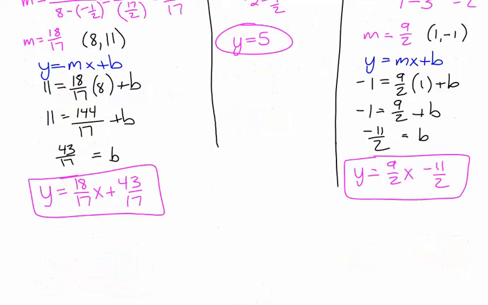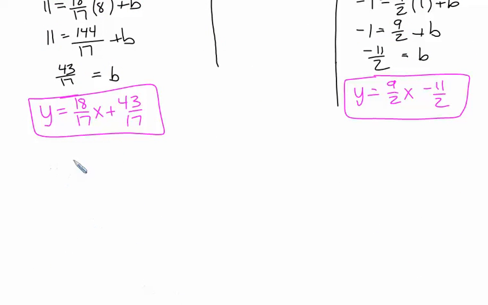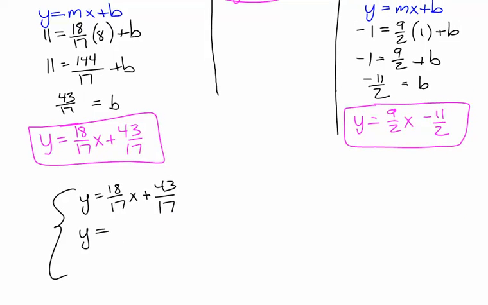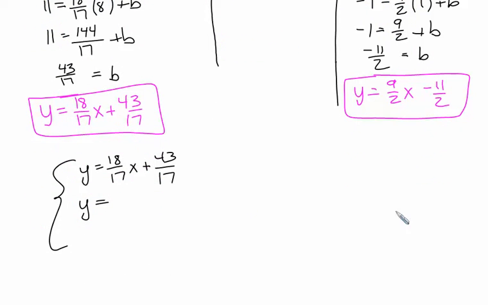So we will form our system of equations. On the one hand, we have y equals 18/17 x plus 43/17. We had that one equation where it was just y equals 5. And our other equation was y equals 9 halves x minus 11 halves.